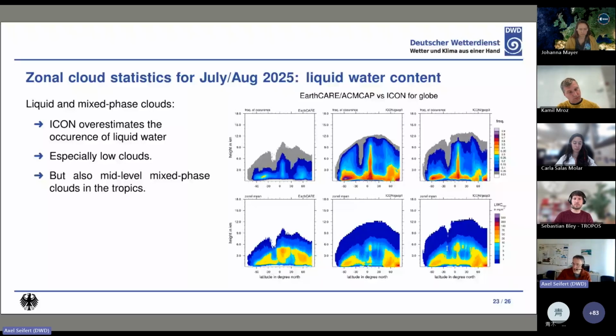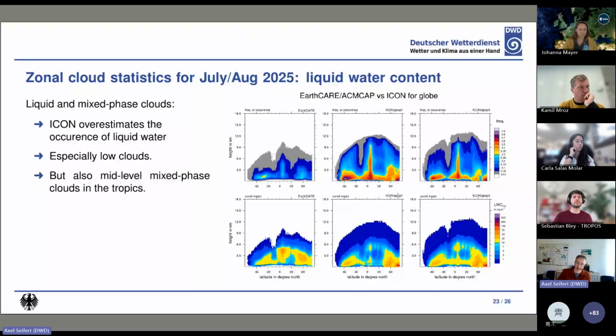So what we see is probably that we are compensating a lack of cirrus clouds or lack of ice water content by having more liquid water.